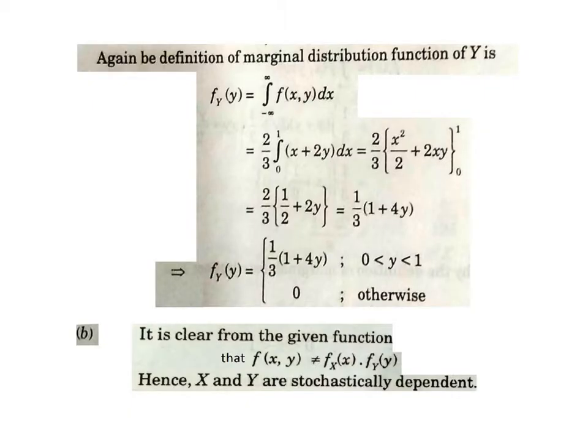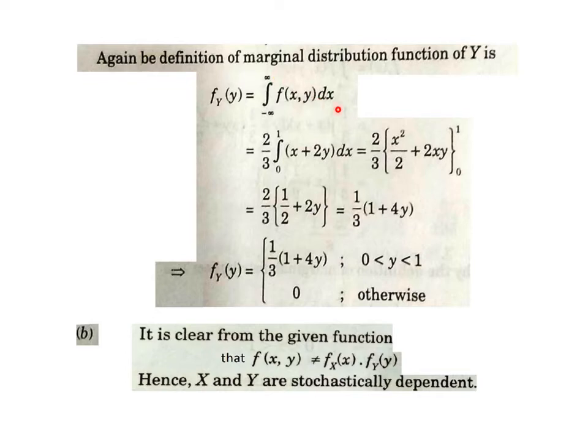Similarly, in the next slide we will discuss the marginal density function of y. Let's talk over that marginal density function of y. For fy, we have to integrate the joint density function fxy with respect to x now, within minus infinity to infinity as limits suggested theoretically.